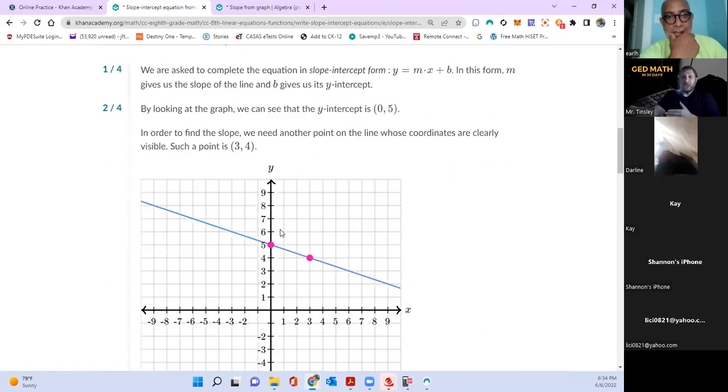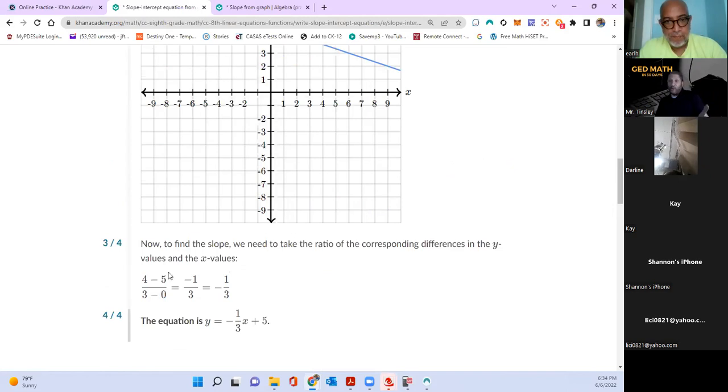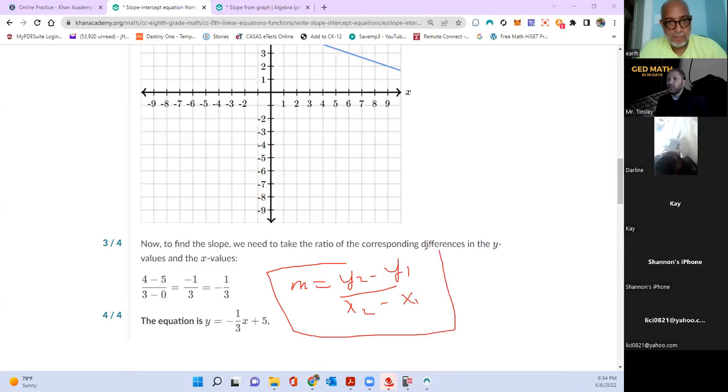Now, this is how they show you. The way I'm showing you, if you notice, is much easier. Rise over run, down 1 over 3. They are doing what's on the formula sheet. That's going to take you much longer to do, but you still can do it this way.